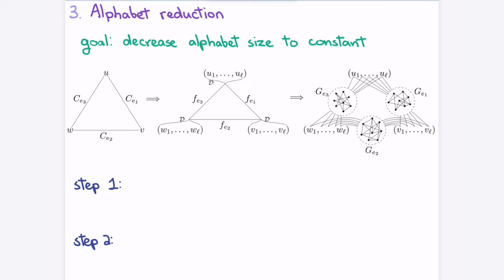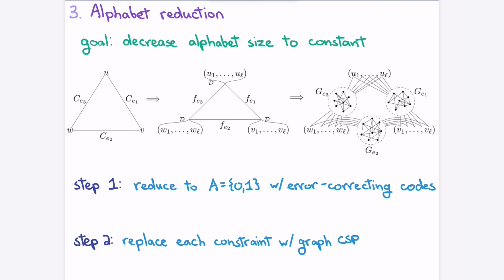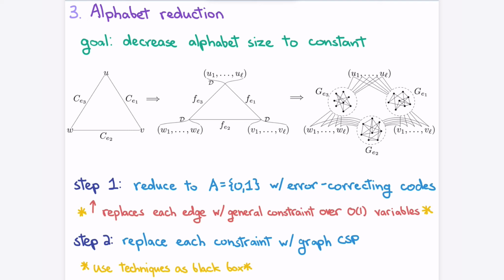So step 1 is we're going to reduce the alphabet to 0, 1 by using error correcting codes. If done more slowly, this lecture would bring in everything we've ever done in this course. And then step 2 is you're going to replace, okay, there's going to be an issue. Maybe I'll explain this first.